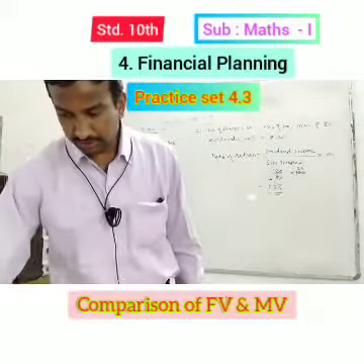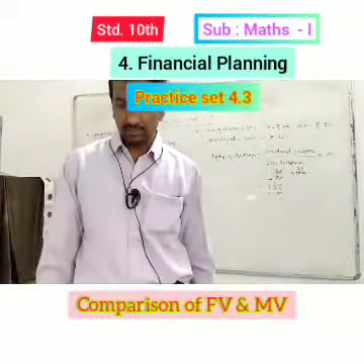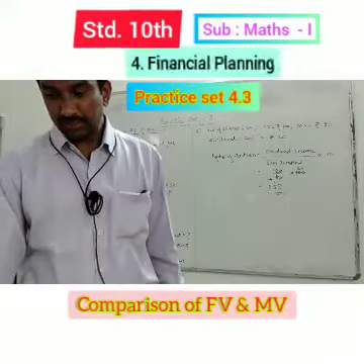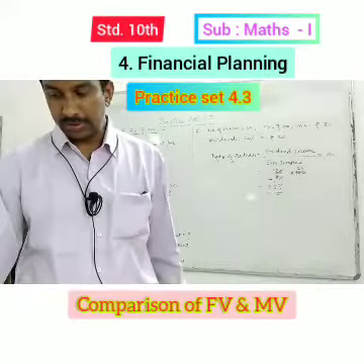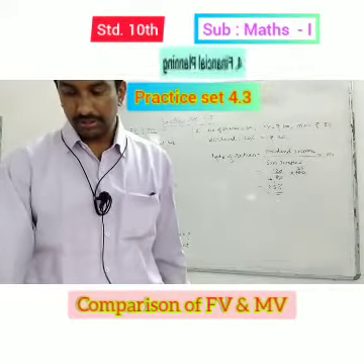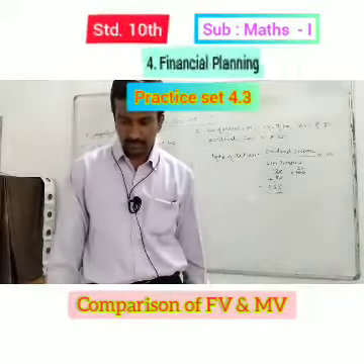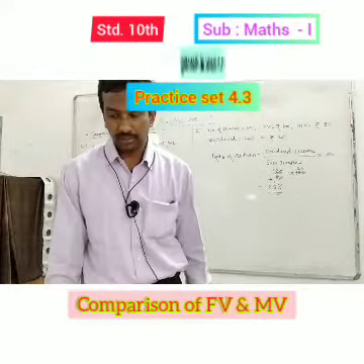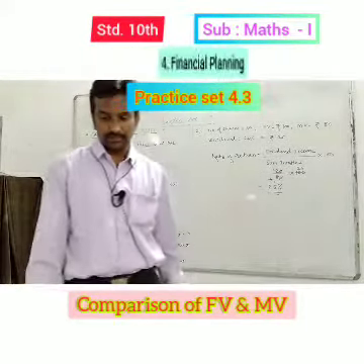Now we will see example number 3. Joseph purchased following shares. Find his total investment. In company A, 200 shares, face value rupees 2, premium rupees 18. Company B, 45 shares, market value of rupees 500. Company C, 1 share, market value rupees 10,540.